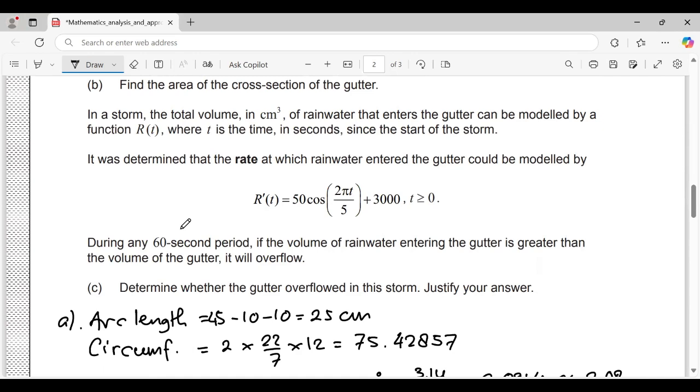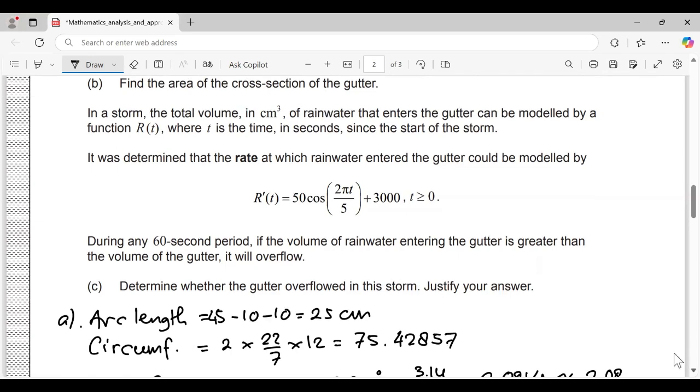During any 60-second period, if the volume of rainwater entering the gutter is greater than the volume of the gutter, it will overflow. Determine whether the gutter overflows in the storm. Justify your answer.